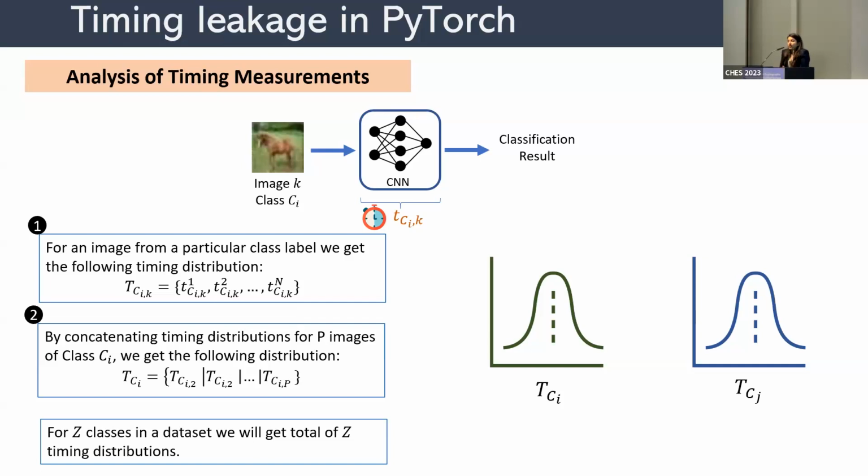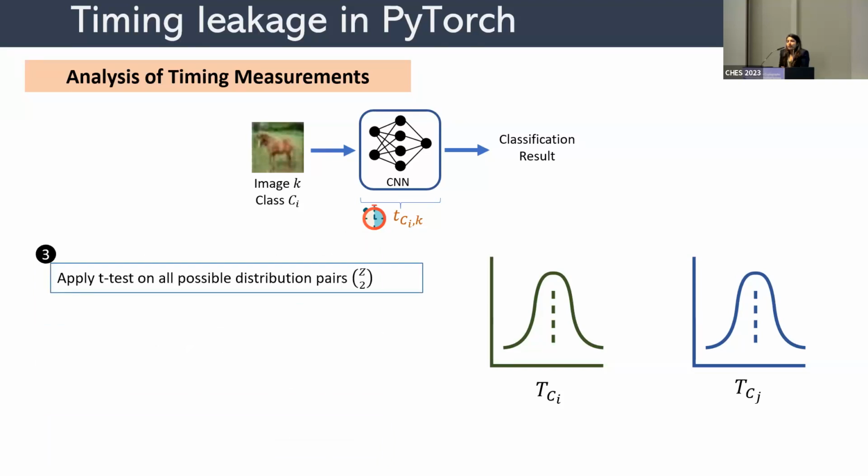For creating a timing distribution TCI, we take multiple images of the class CI, get the inference timing for those, and basically get the TCI distribution. Similarly for the other classes as well. So if there are Z classes in a dataset, then we'll have a total of Z timing distributions.